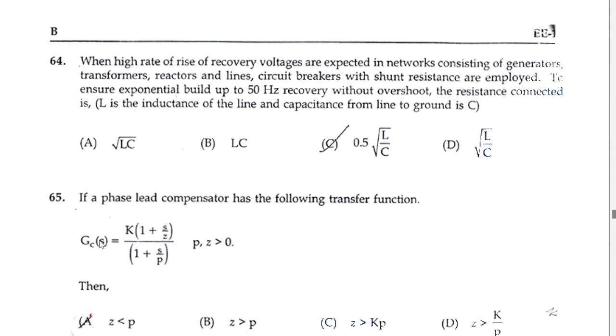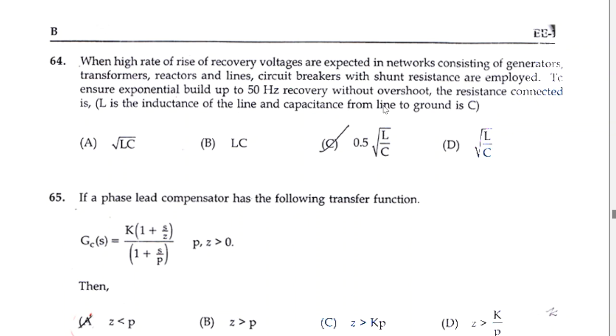When a high rate of rise of recovery voltage is expected in networks consisting of generators, transformers, reactors, and lines, and circuit breakers with shunt capacitance are employed, to ensure the exponential buildup of 50 Hz recovery voltage without overshoot, the resistance connected is... L is the inductance of the line and C is the capacitance of the line.